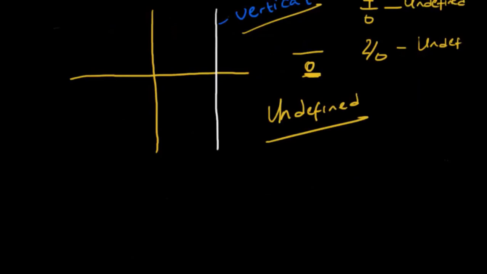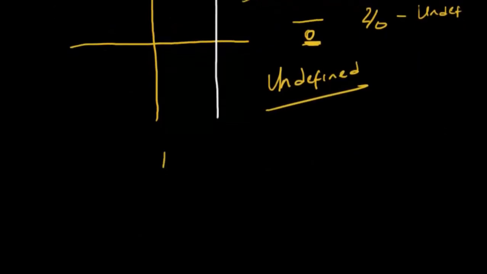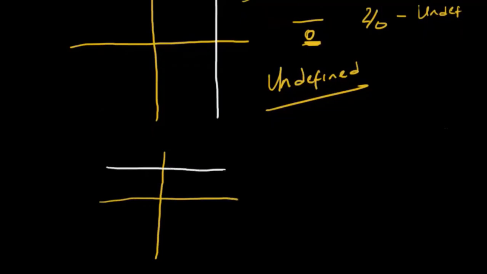Now, you want to ask yourself, what is the slope of a horizontal line? So we have a horizontal line. Remember, a horizontal line does not have rise, it only has run. So it means 0 would be on top. Remember, slope or gradient is rise over run. So a horizontal line does not have rise, so we have 0 on top, and then we have run beneath.